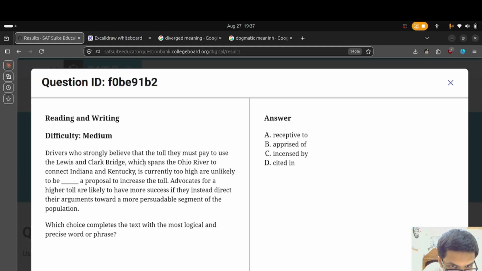So in that case, drivers who strongly believe that the toll is currently too high are unlikely to be receptive to, incensed by, or cited in.